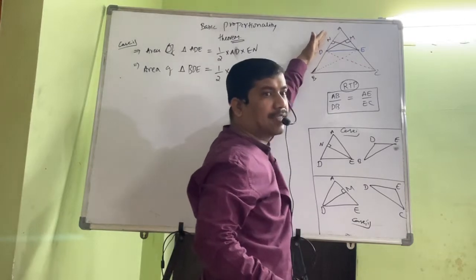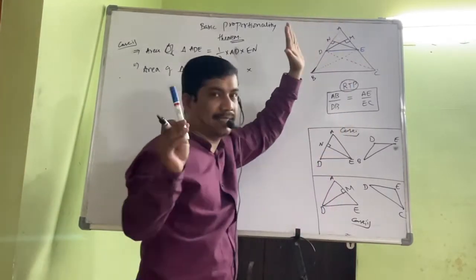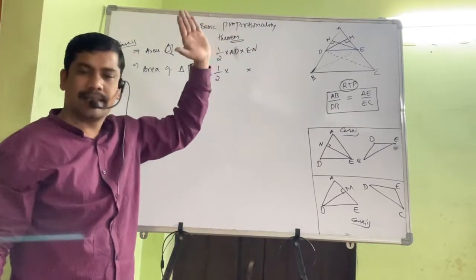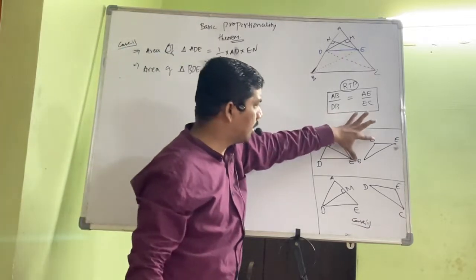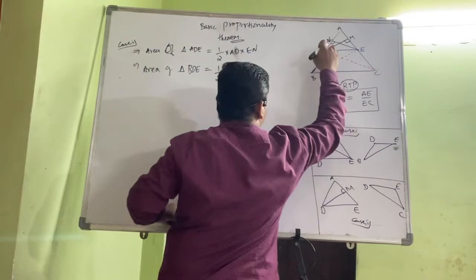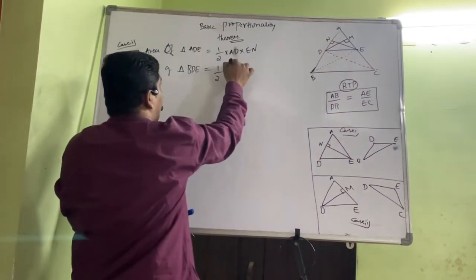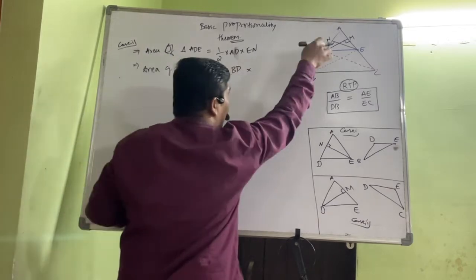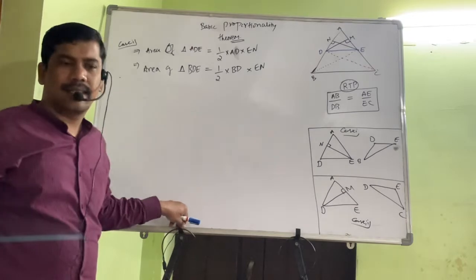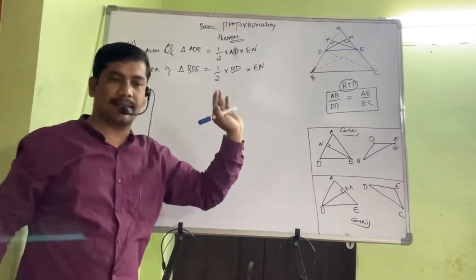Yes. So height will remain the same. That's why if you look, they wrote 2 times EN. Getting this point, everyone? Height will remain the same. Now base is this one. See, this perpendicular line is on DB also now, overall. So that's why this base I can write as BD. Height will remain the same perpendicular line, EN. Getting this point? Half into base into height.